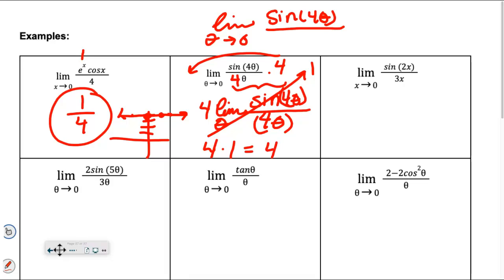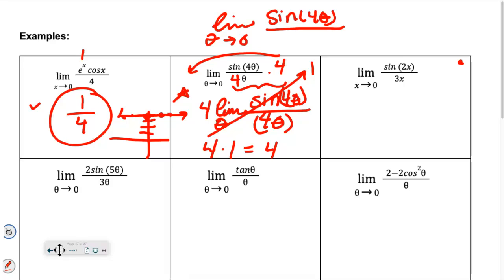Again, direct substitution gave me 0 over 0 on this one, so I had to mess around with it. On this one, it gave me a nice 1/4, so I was done. So in box number 3 over here, 0 on the top and 0 on the bottom. I can't replace sine with anything. There's really nothing. It's not tangent. I can't replace that.